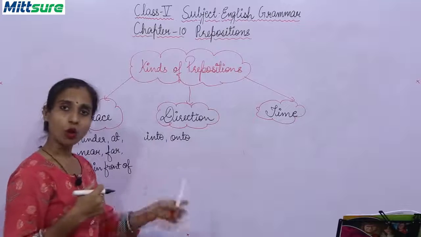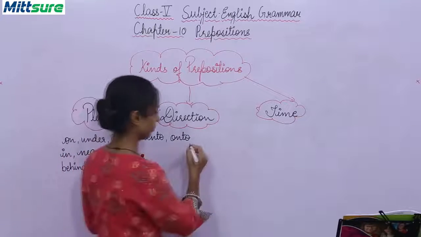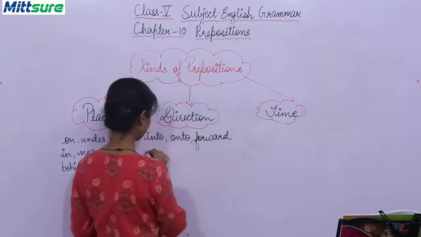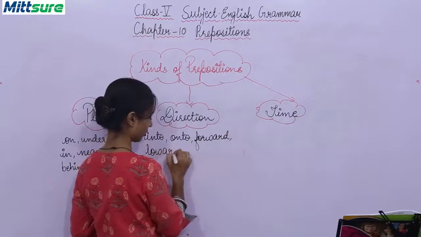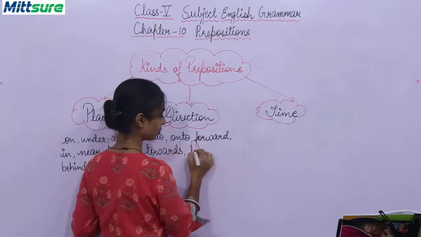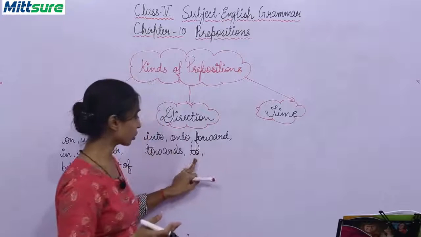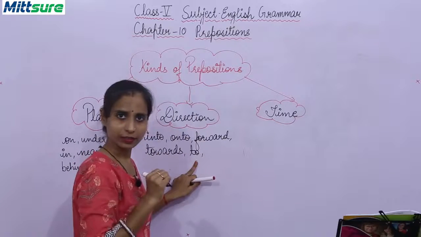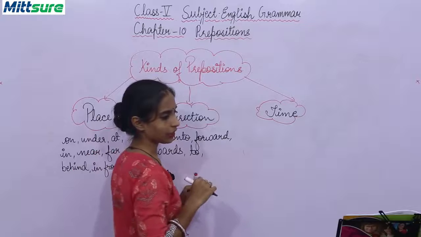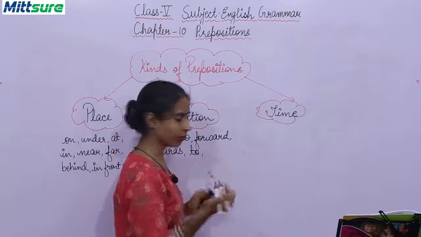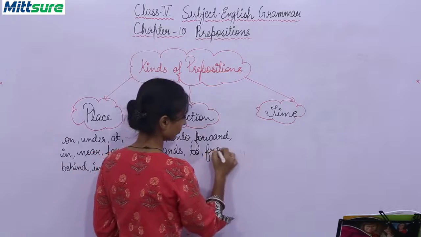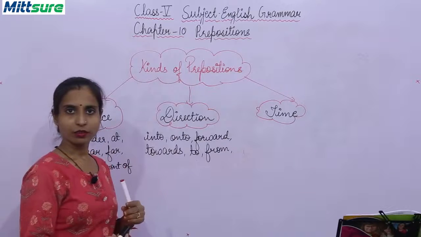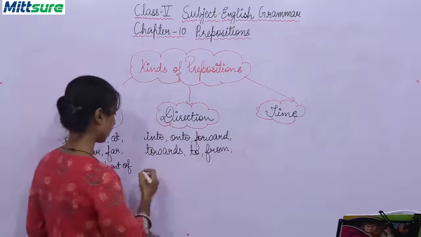Alright, into, onto, forward, towards, or to. To is also a preposition of direction. He has gone to office, like that. Fine. Then again from, then there is rightwards, leftwards, like that.